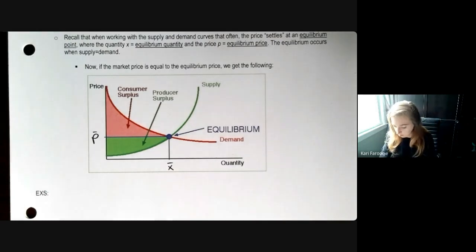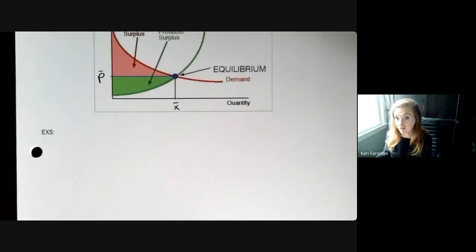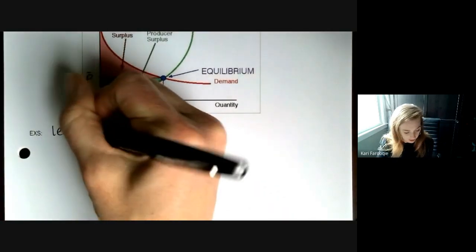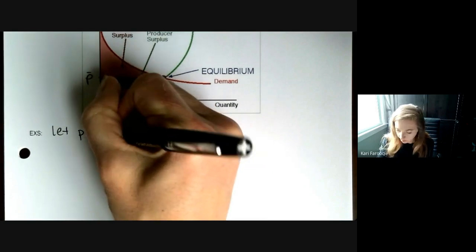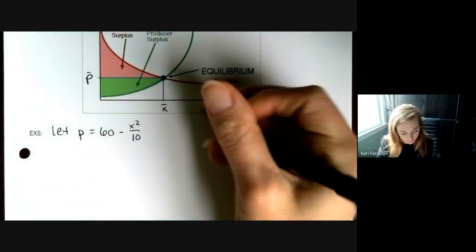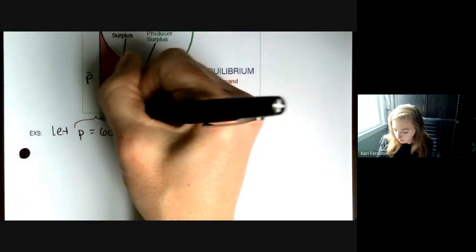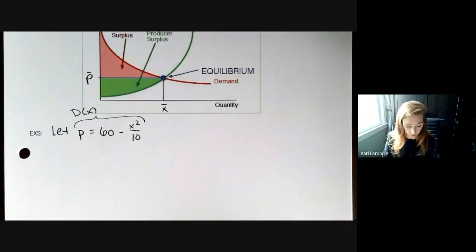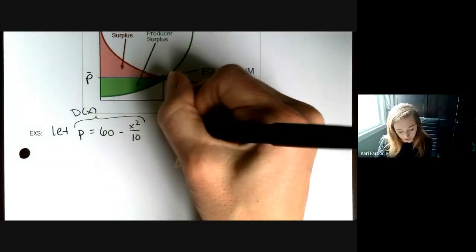Let me give you an example here. You can see how you're going to work with these. We're going to let P equal 60 minus x squared over 10. This is going to become your D of x, your demand curve, where x is in units of hundreds.